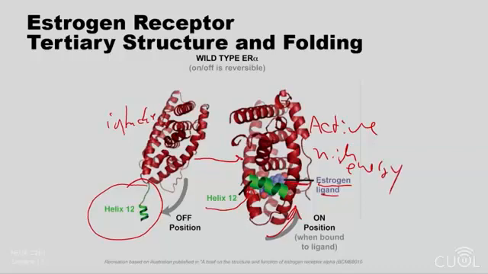Once it's in its high energy state, now it can do something. So tertiary structure, native conformation, folding, but then the reverse of that. Those conformational changes and that reversible process is really critical, because otherwise it typically leads to pathology.